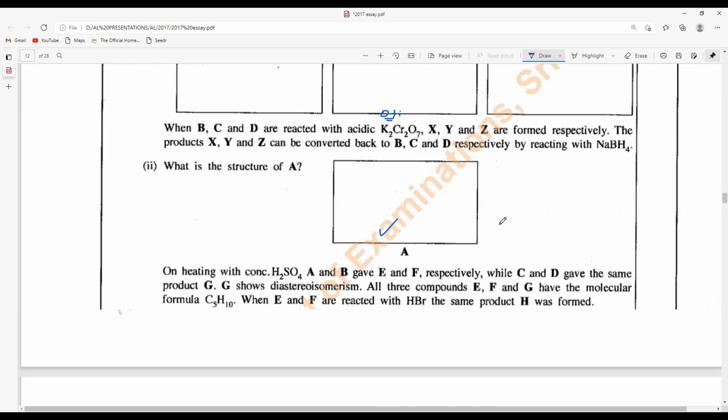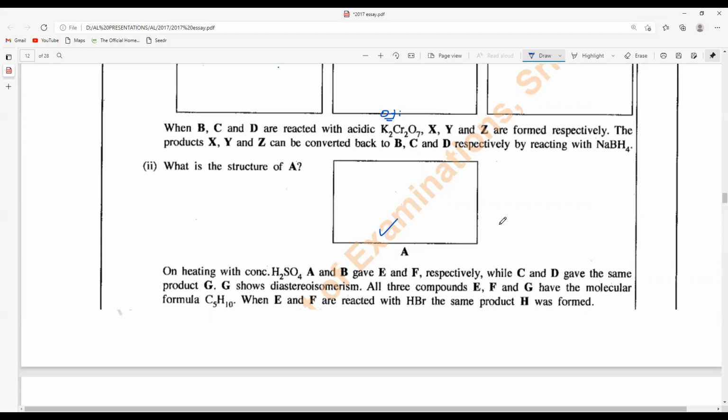That's the thing that we have to find based on this question. Because we know now this is our A, this is A, alcohol. And this is our D.